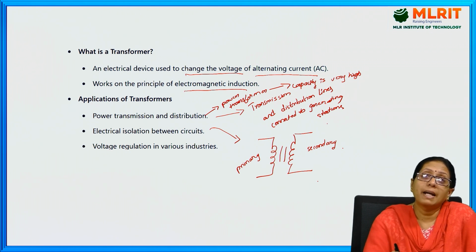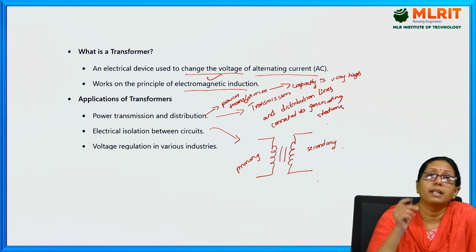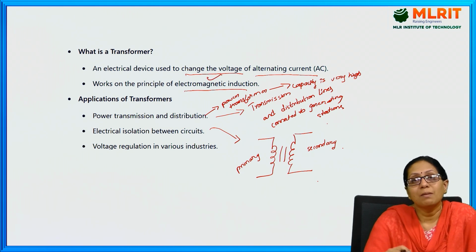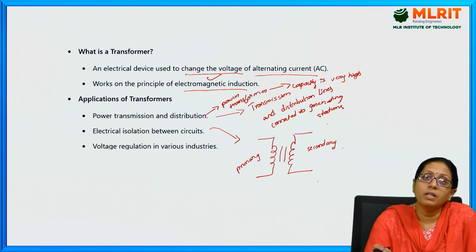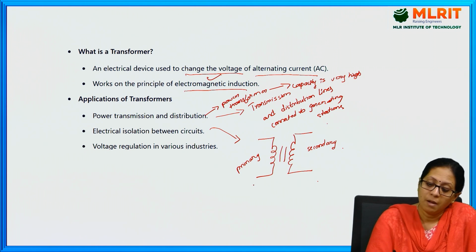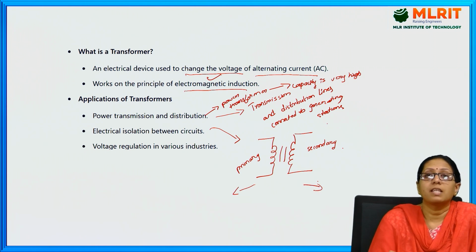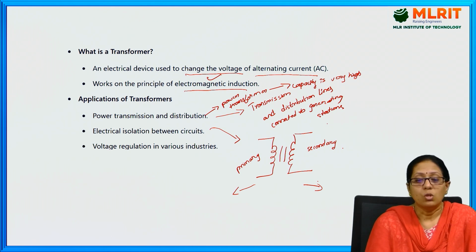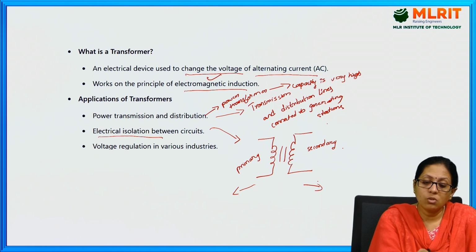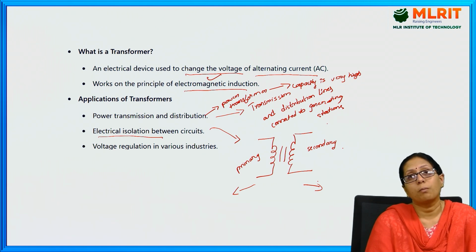They are magnetically connected by using the principle of electromagnetic induction. So, as the primary and secondary are not electrically connected, the transformer can also be used for electrical isolation between the primary as well as secondary. For isolation purpose also we can use the transformer.